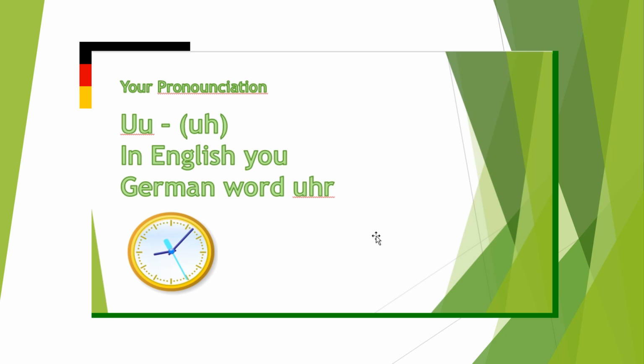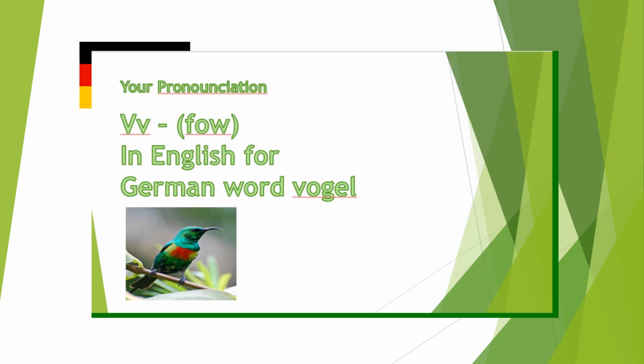Uhr means clock. V is pronounced as Fau, like the English word for. So in German, the word Vogel. Vogel means bird.